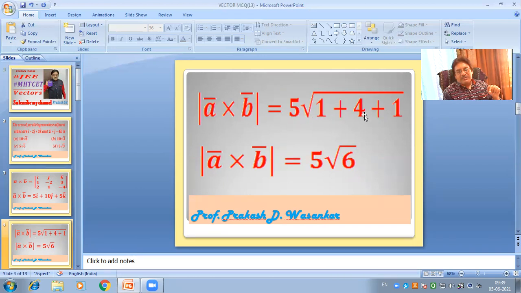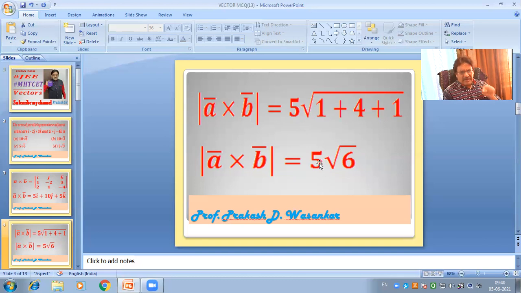That is 5 as it is, and 1 plus 4 plus 1 is root 6.